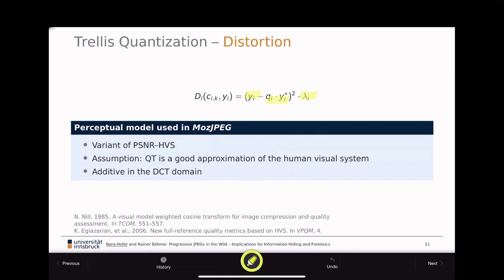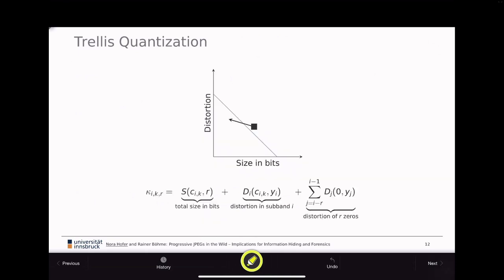The assumption is that the quantization table is a good approximation of this human visual system, and the advantage of the model is that it is additive in the DCT domain, so no transformation to the spatial domain is needed. The lambda is scaled to the bits, so that it can be used in this cost function. And the third part of the equation here is the distortion of preceding zeros, the zero lengths.